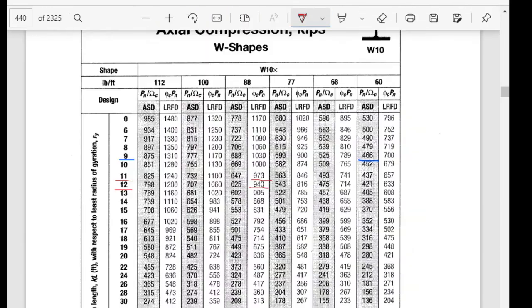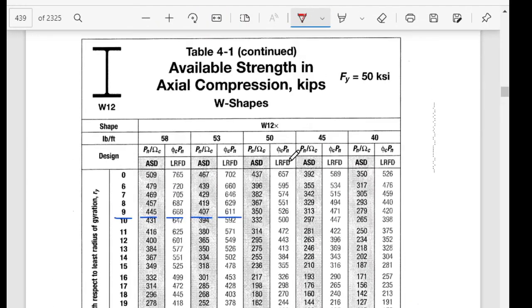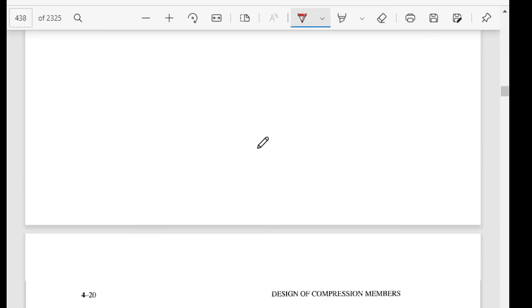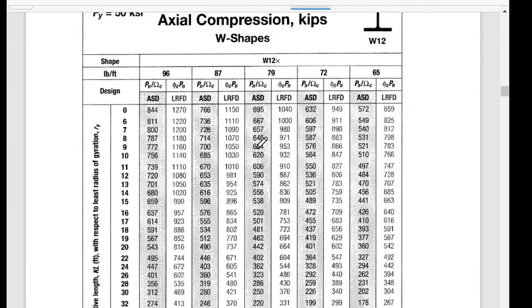So kung tan-aw nimo sa W12 na pudta, then 12, 800. So wala siya ni pasar diri. Dito ta sa ibabaw. At 12 then greater than 840. So we have this W12 by 79, no?